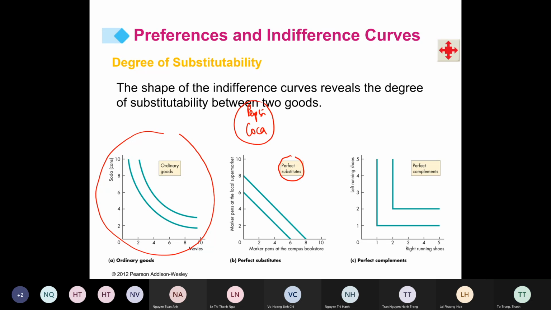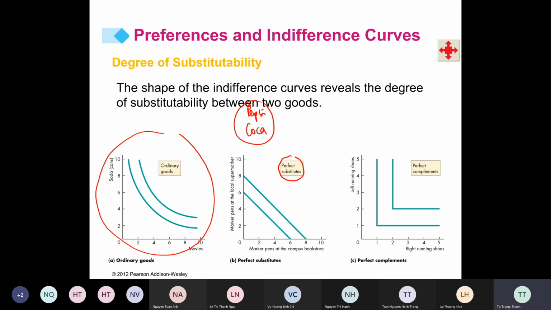In this case, we can see that Pepsi is a perfect substitute for Coca because the rate of substitution is 1 and also constant. I can consume one Pepsi and get the same exact level of satisfaction as I consume one Coca.